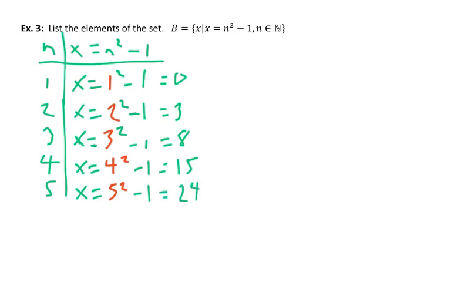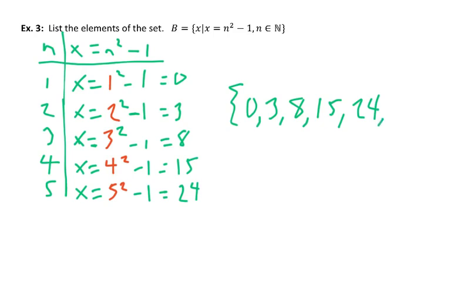Basically what you have is, in each case, the numbers you're getting are 1 less than a perfect square. So if I write that all out, we have 0, which is 1 less than 1 squared, 3, which is 1 less than 2 squared, 8, which is 1 less than 3 squared, 15, which is 1 less than 4 squared, 24, which is 1 less than 5 squared.